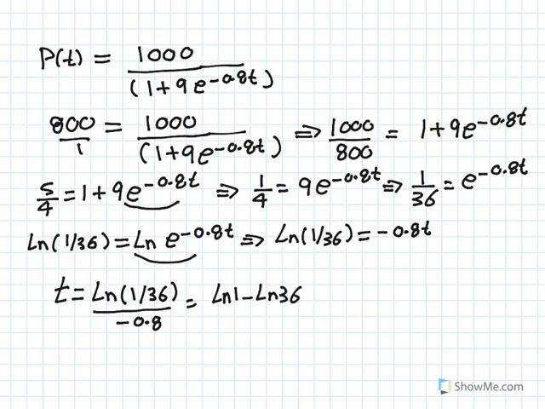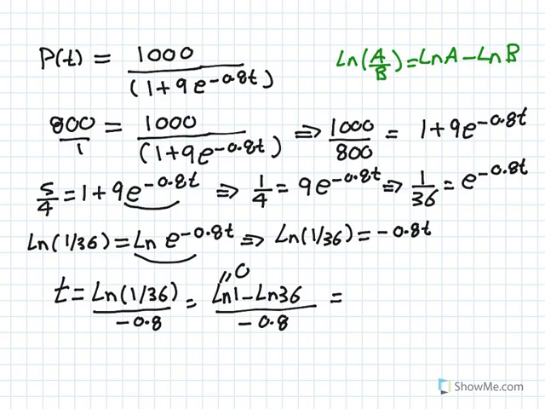If you have log of a over b, this is equal to log a minus log b. On the denominator, we have minus 0.8, and log of 1, of course, is 0. So we get minus log of 36 divided by minus 0.8. The minuses cancel out, and if we decimalize this, we get approximately 4.48 years. So that means that it will take approximately 4.48 years for the fish population to reach 800.